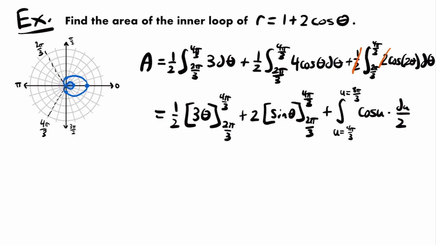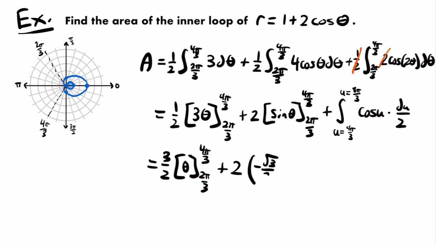Now if we work on simplifying, we'll start with this term. I'm going to pull 3 to the outside. So this is going to be equal to 3/2 times theta evaluated from 2 pi divided by 3 to 4 pi divided by 3. And then we have plus 2 times sine of 4 pi divided by 3 minus sine of 2 pi divided by 3. Sine of 4 pi divided by 3 is the negative square root of 3 divided by 2.